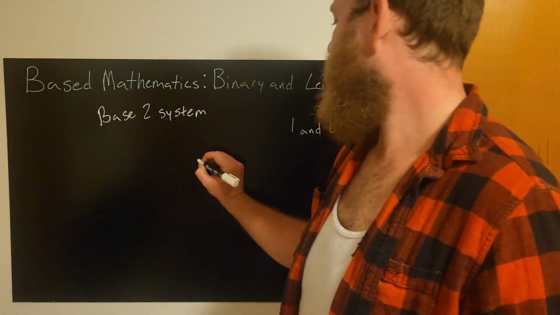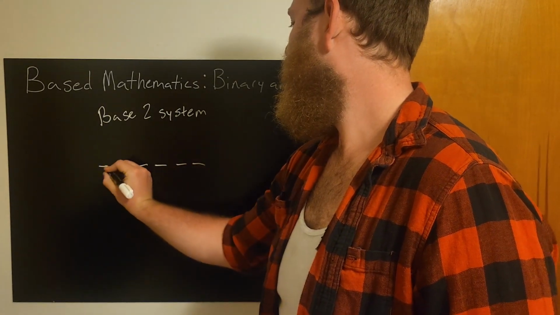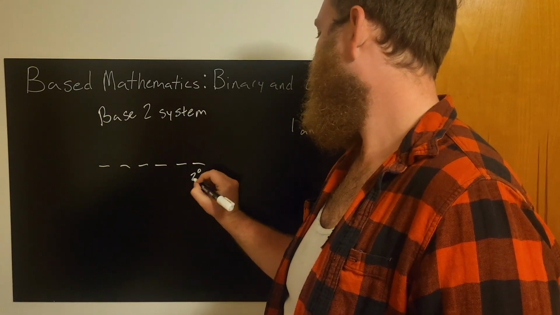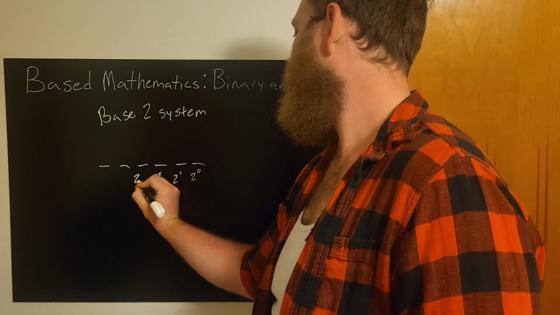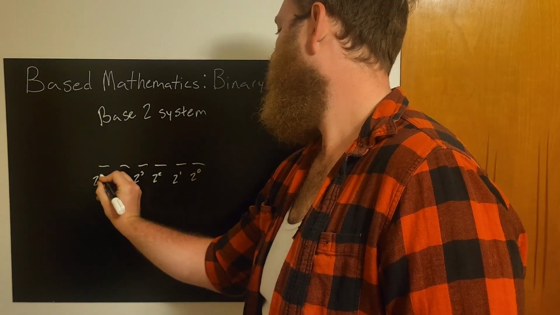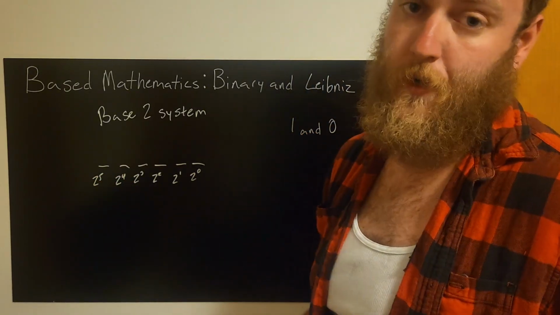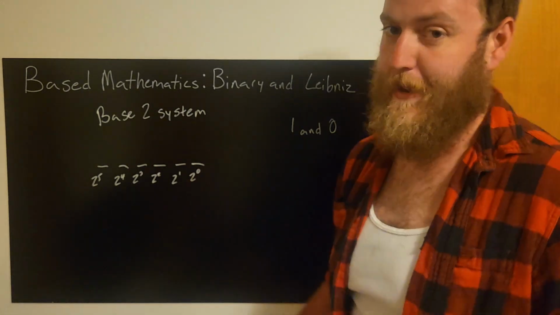But what you get is a positional system, and it goes 2 to the power of 0, 2^1, 2^2, 2^3, 2^4, 2^5, and quite frankly, as far as you want to go. The world really is your oyster when you're dealing with binary.